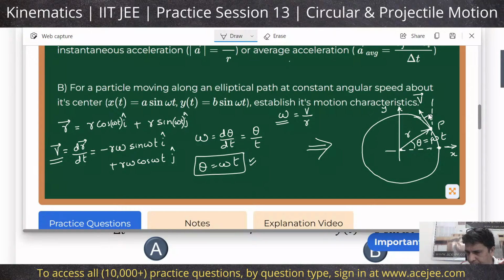How much is this angle? This is the angle that the velocity vector makes at time t with the vertical. How much is it? Ruchika beta, how much is it? So theta, right?